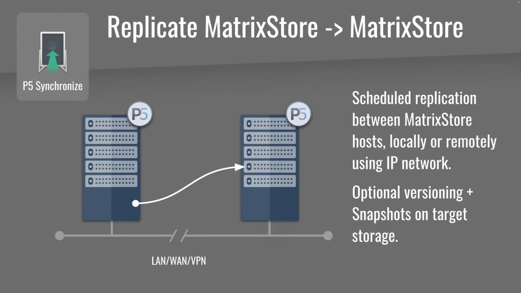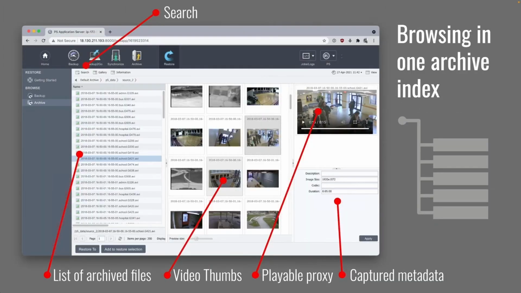And it can additionally store previous versions, so it can track versions of files or create entire snapshots of the state of a folder structure on the primary, on the source storage, and it creates those snapshots on the target. Or indeed, you can run P5 on any host, on any operating system, and replicate data to that storage.